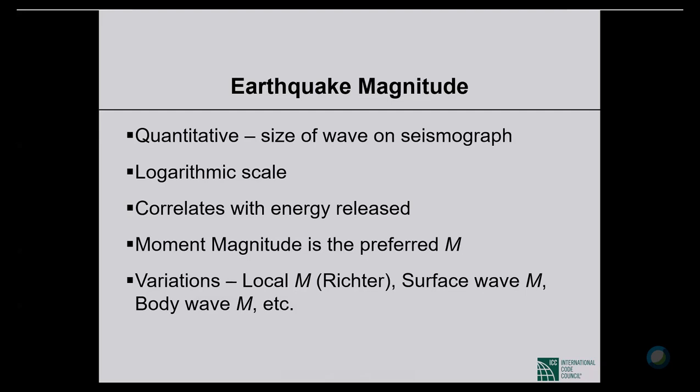The question was, when we design by code, what Richter magnitude earthquake are we designing for? That is essentially a senseless question. You cannot design for a Richter magnitude 6 earthquake, period. That statement does not make any sense until you say a Richter magnitude earthquake on such and such fault.